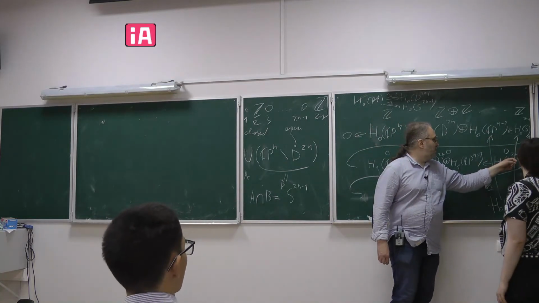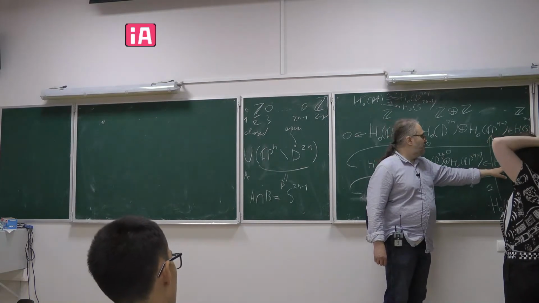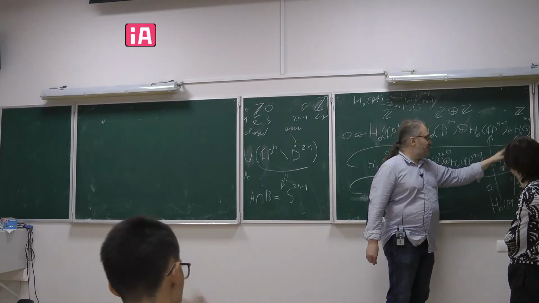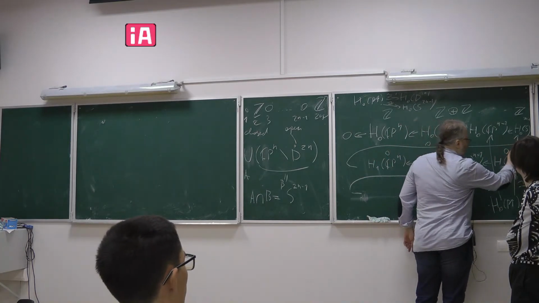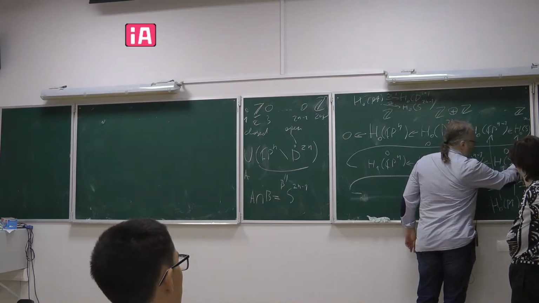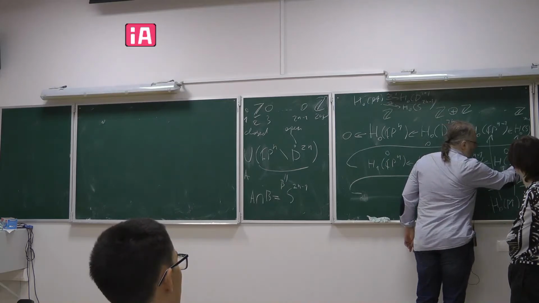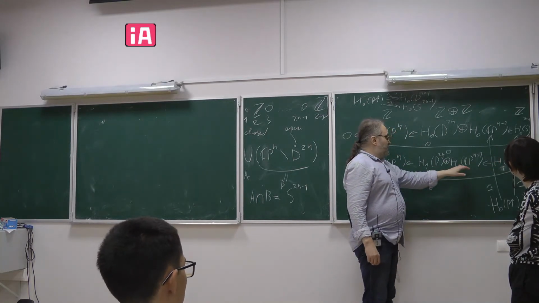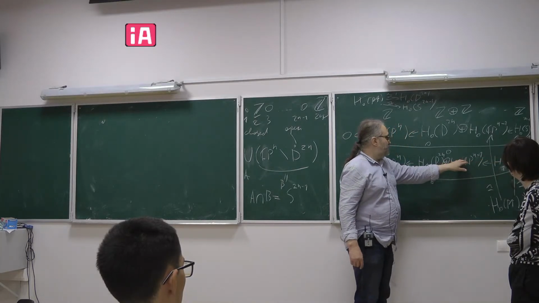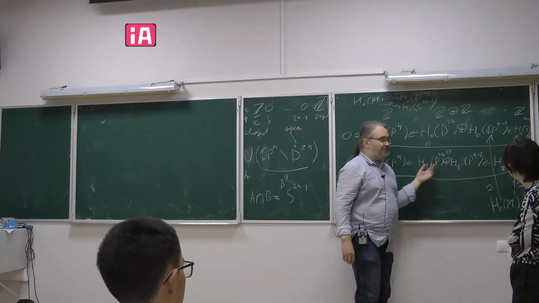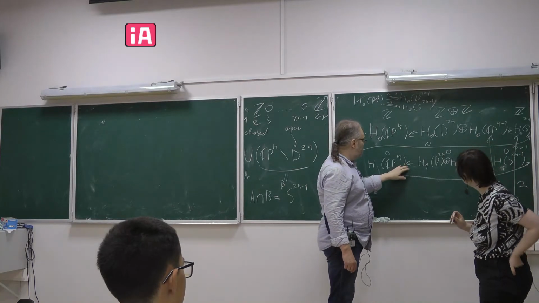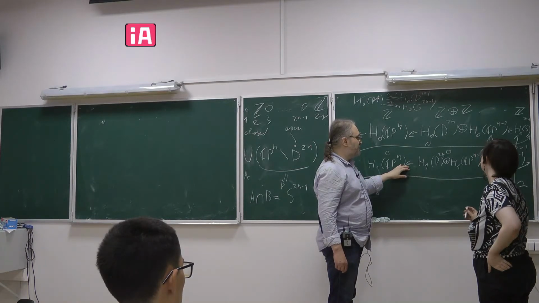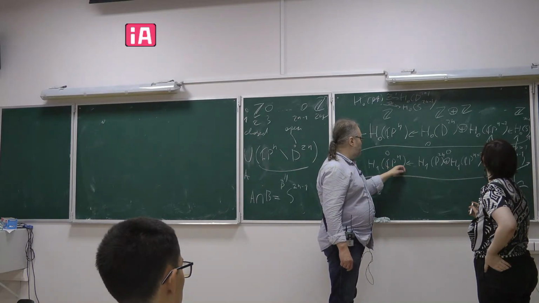H1 of the sphere is not necessarily 0, but it is 0 if n is greater than 1. Let's assume for a moment that n is greater than 1. So then we have 0, 0, 0, everything is 0. But what about this one? Why is this group then 0?